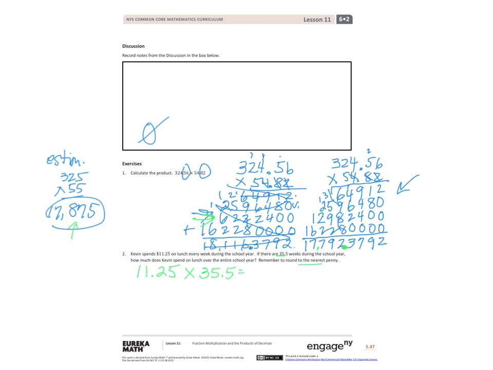Well, let's see. 11 and 25 hundredths times 35 and 5/10. Let's see. There's 5, 2, 12, 6, 5. Done with that. Placeholder. Then 5, 2, 12, 6, and 5.